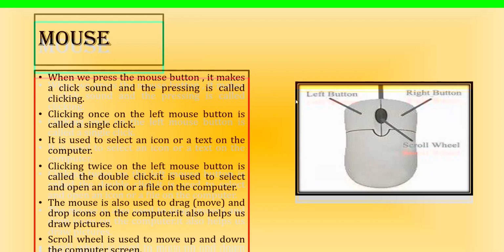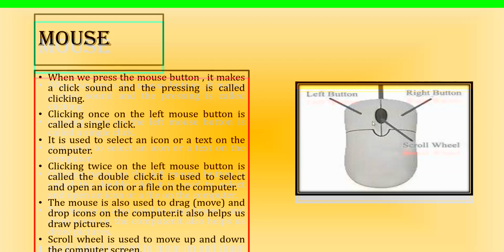This is the mouse. You can see here the left button. The left hand side is known as the left mouse button, and on the right hand side is the right mouse button.